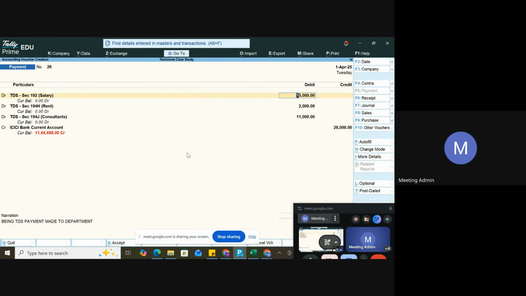So TDS salary account debit, TDS rent account debit, TDS consultant account debit, to ICICI current bank account. So this amount occurred, we have to pay it to the TDS department. Clear? Yes, ma'am. Okay. So shall I save this?